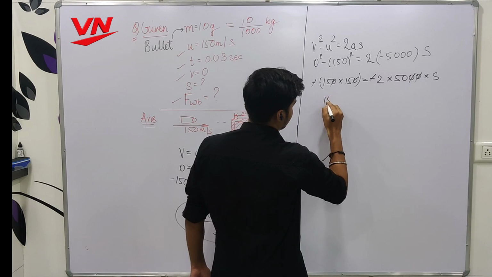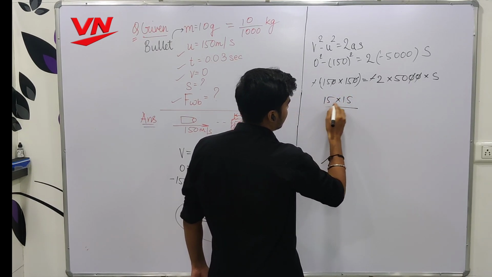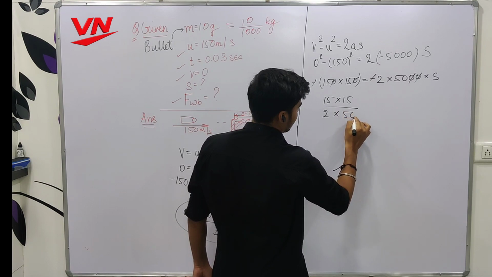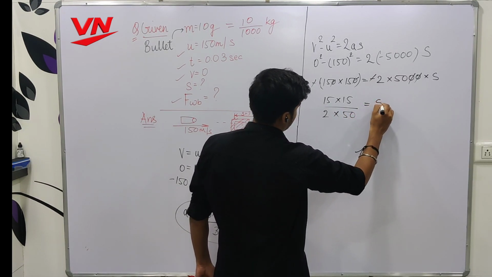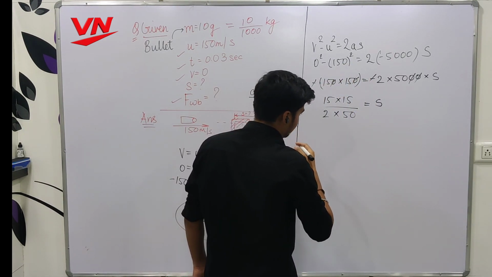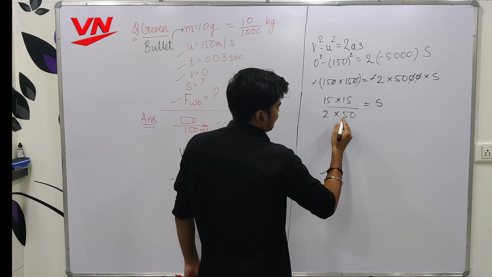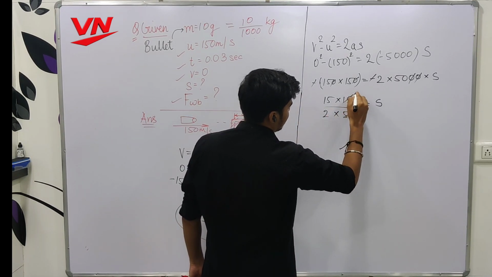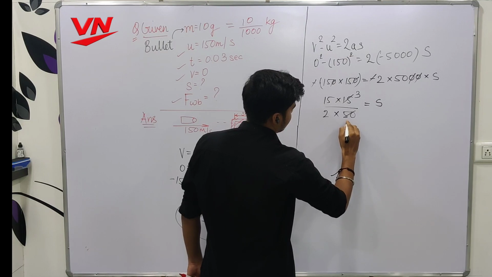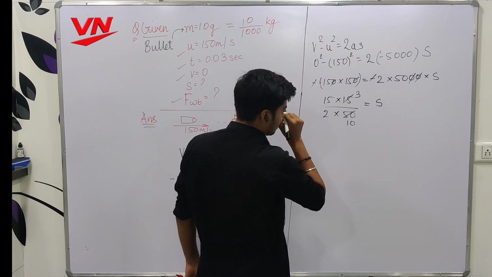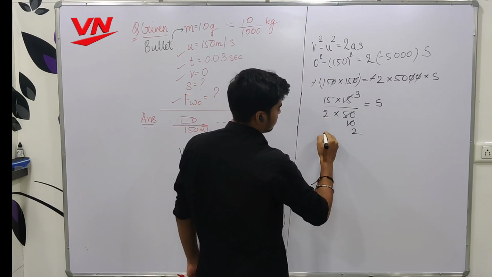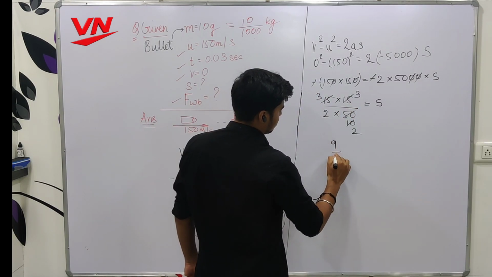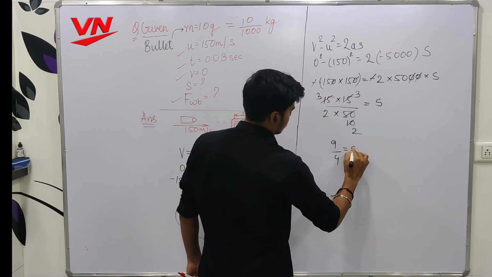What I will get is 15 into 15 divided by 2 into 50. That will be my s. As you can see, we can cancel with 5. 5 3s are 15, 5 10s are 50, 5 2s are 10, 5 3s are 15. What I will get is 3 3s are 9, 2 2s are 4.